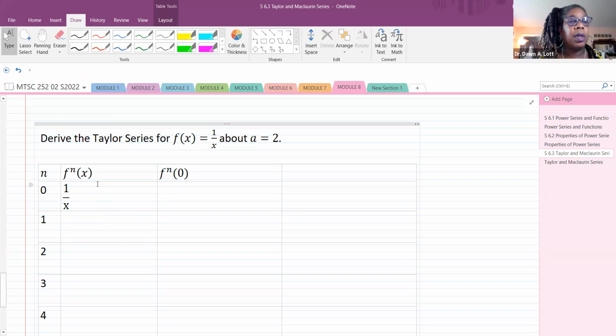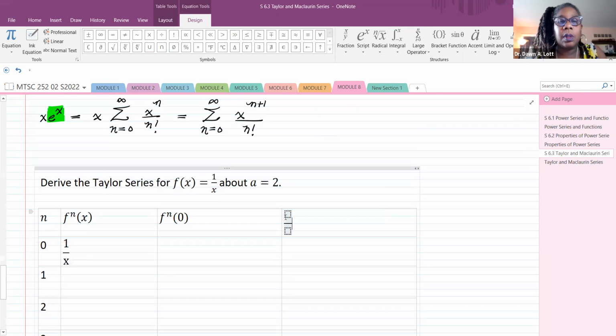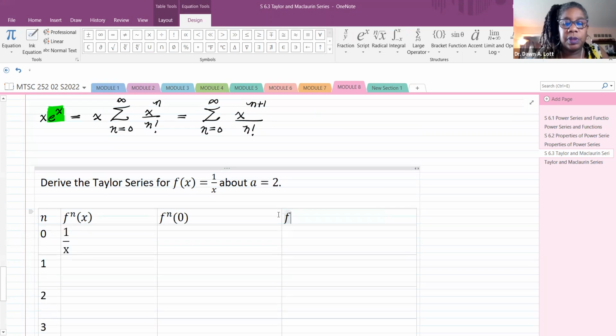Okay, so again, let me just do this before I get started. This has to be the nth derivative at 2, divided by n factorial.